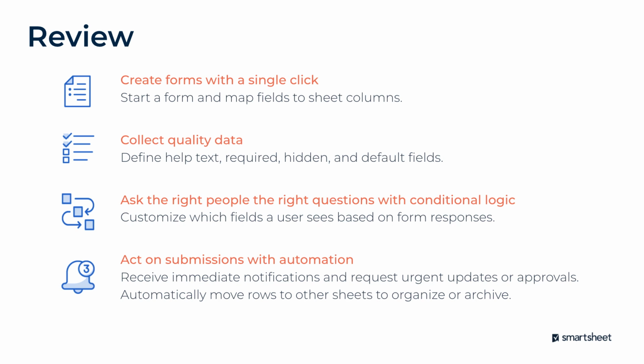We saw some of the ways that we can improve the collection of quality data by adding things like help text or making certain fields required or hidden or default, and some of the other formatting elements that we have available to us within the forms. We saw how we can leverage our conditional logic to ask people the right questions based off of the submissions or the responses that they've already given us. And then finally, we touched on acting on some of these submissions with automation and even including them within dashboards.